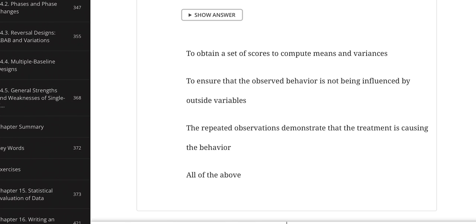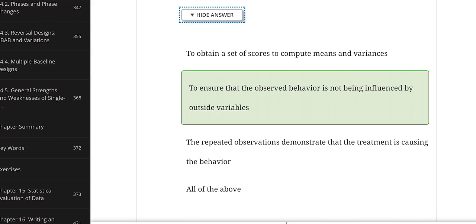And so we do want to demonstrate this third answer. We do want to demonstrate that observations demonstrate that the treatment is causing the behavior. We do want to demonstrate that, but using a series of observations of the same individual under the same conditions, that's not the sole reason that we do that. The same individual under the same conditions is to ensure that it's not being influenced by outside variables.